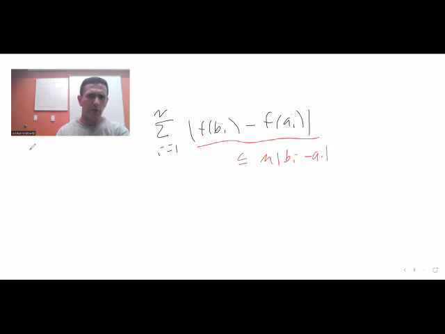Lipschitz functions are basically trivially absolutely continuous. So in other words, you immediately get that any function that has a bounded derivative on A to B, by the mean value theorem, is Lipschitz and hence absolutely continuous. So this is less than or equal to the sum here, and you can pull out the m.